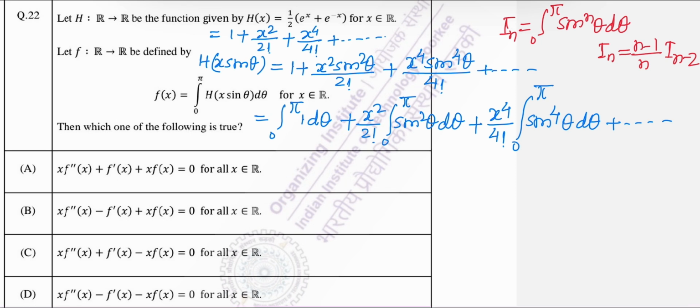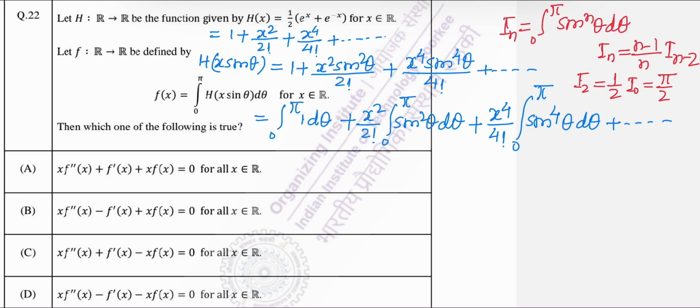If you put n equals 2 in this, then we have I2, and this will be 1 by 2 times I0. We have to put n equals 0 here, and that will give us pi. So I0 will be pi, so I2 will be pi by 2.